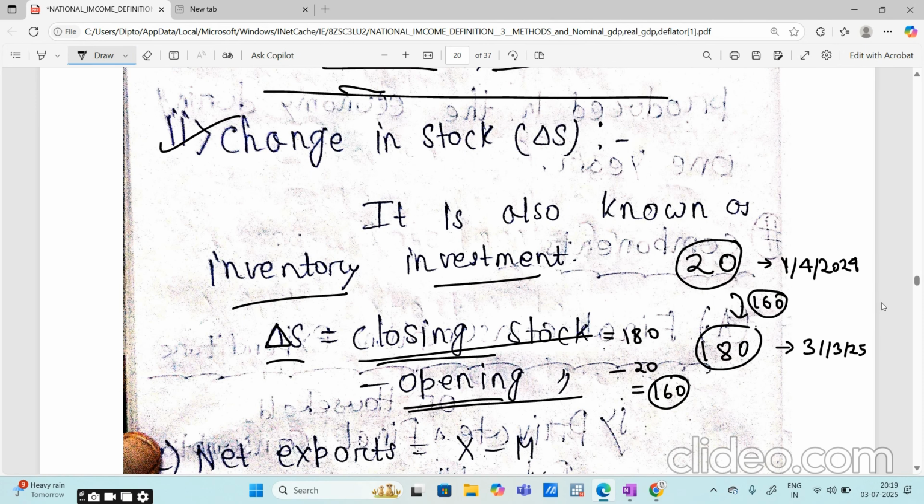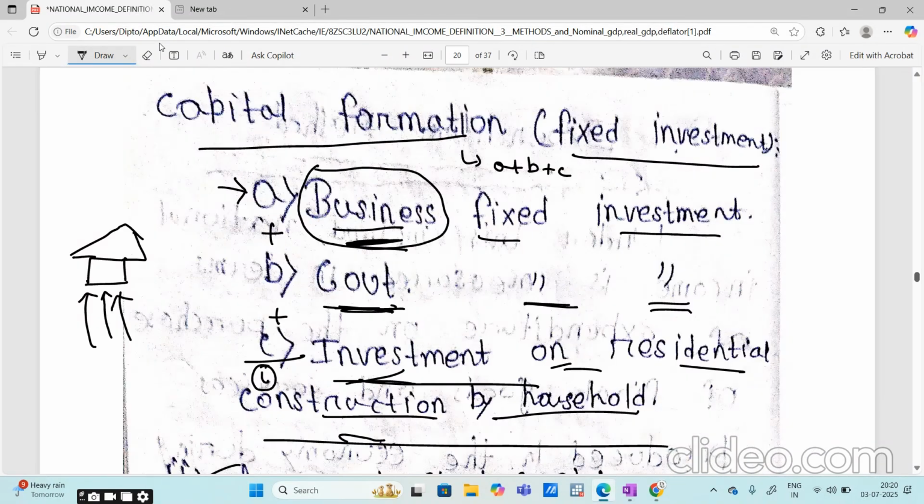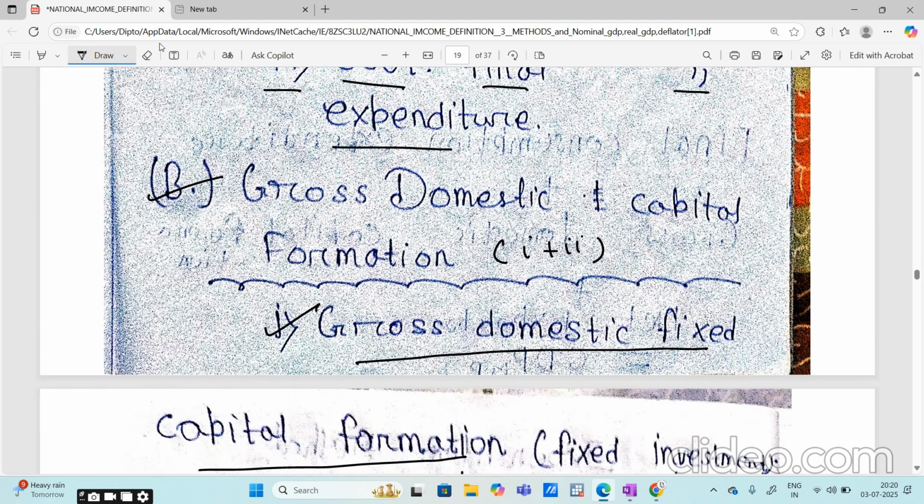Okay, so if you add this gross domestic fixed capital formation, that is part 1, with change in stock, that is also known as inventory investment, then what will you get? You will get gross fixed capital formation. Okay, let me just show it to you again. Here it is, gross domestic capital formation.